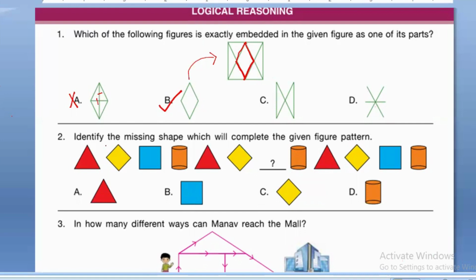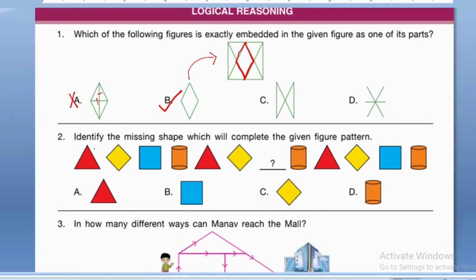Now let's talk about question number 2. It says you have to identify the missing shape which can replace the question mark. The first shape is a triangle, then after the triangle it is a diamond, after the diamond it is a square, then after the square it is a cylinder.